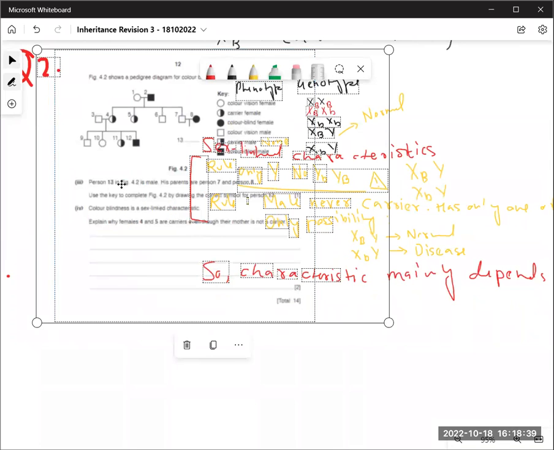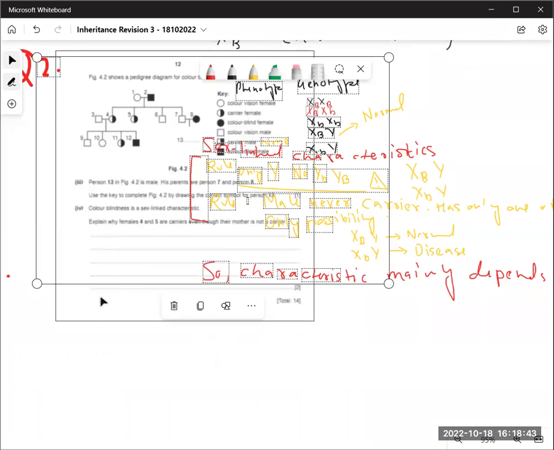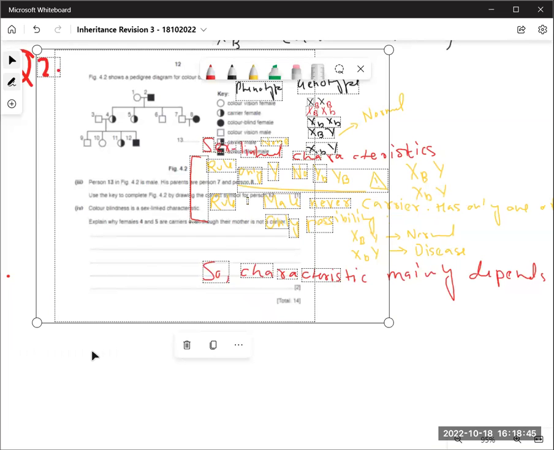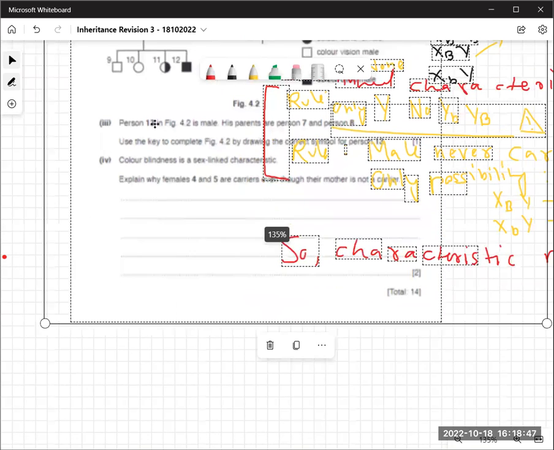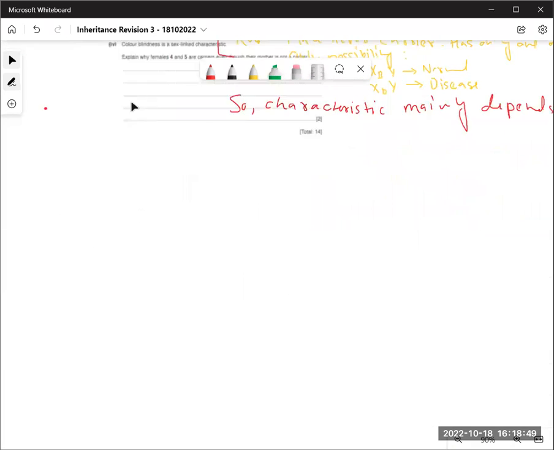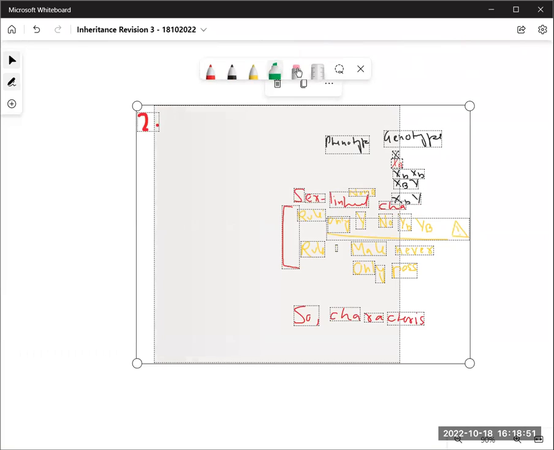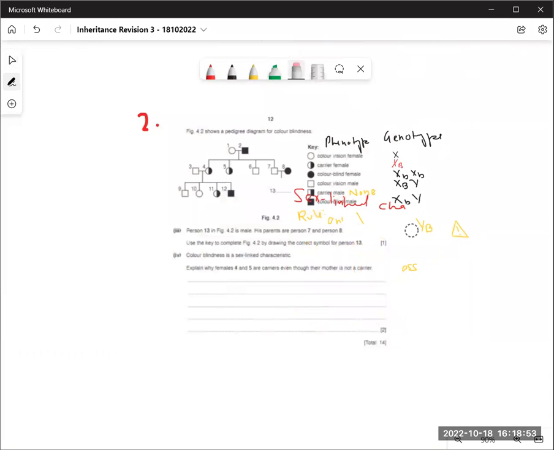We know all of this information. In the exam, you will not be writing all of this. When you look at the question, you'll understand everything by yourself, in your head, not writing everything. Let's remove this part for now.